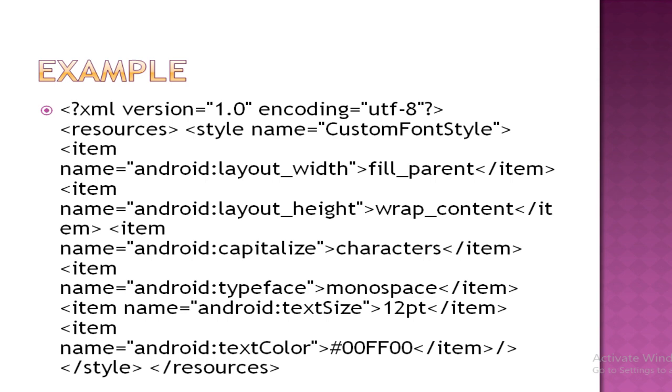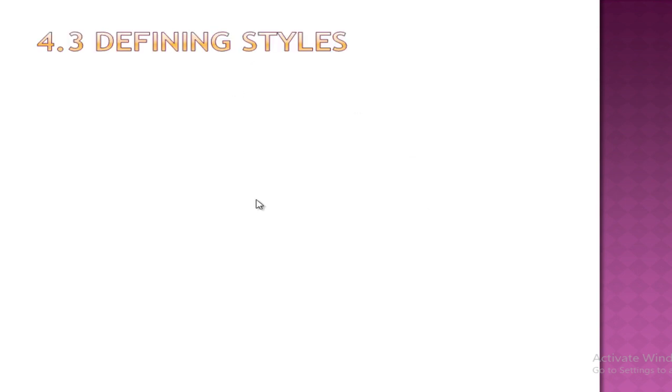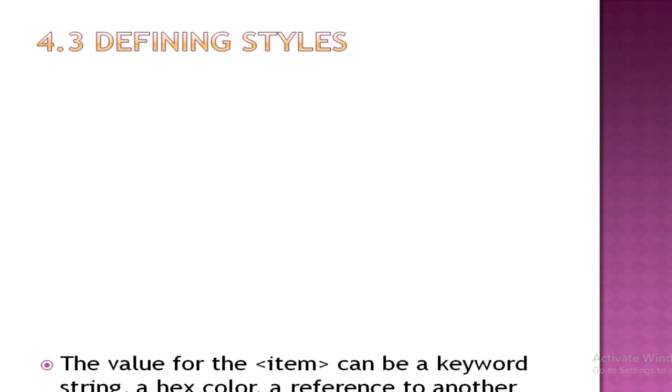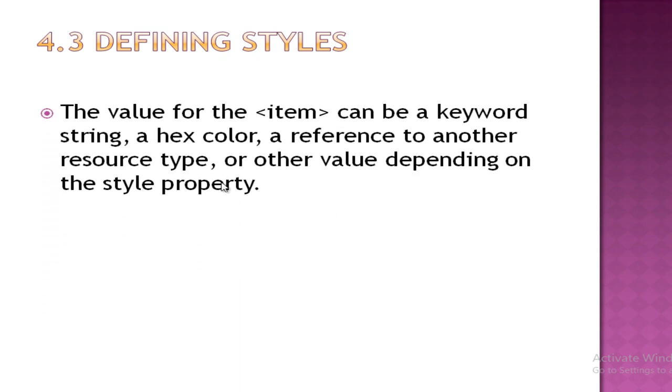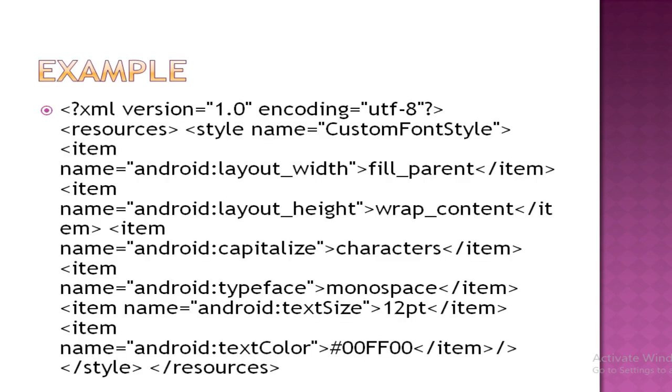Next, defining the style, that is, the value of an item can be a keyword. Yes, we have already seen the hex code. This is nothing but the hex code of that particular color, right?